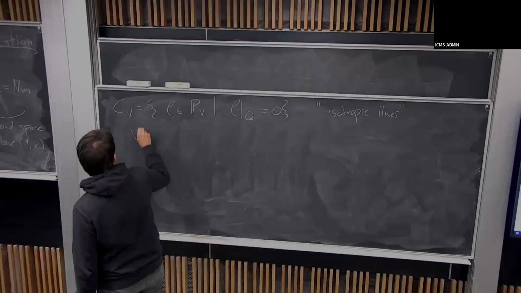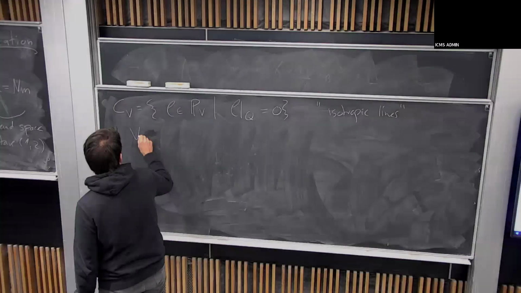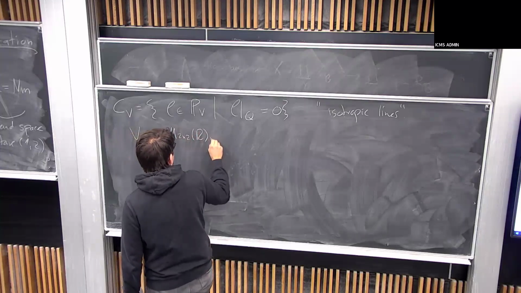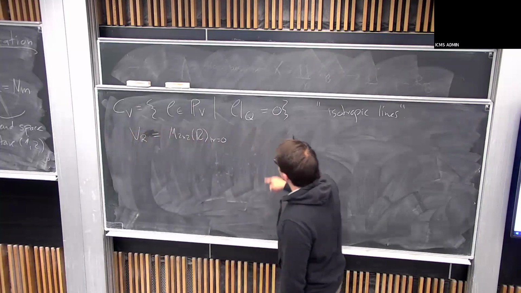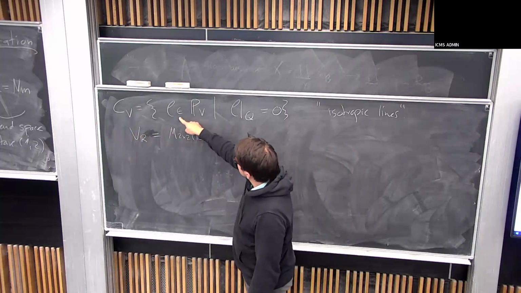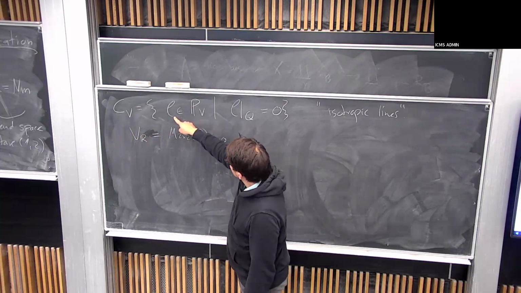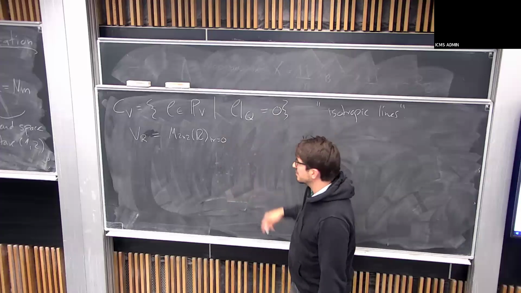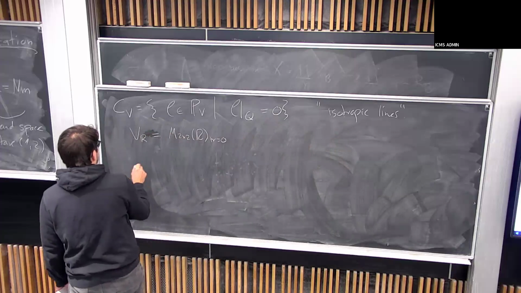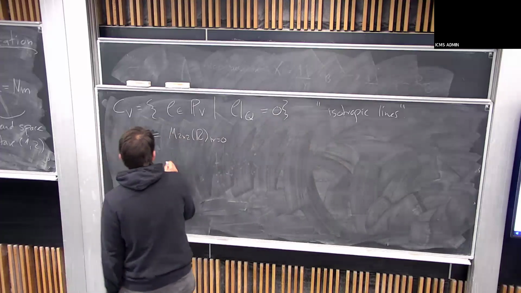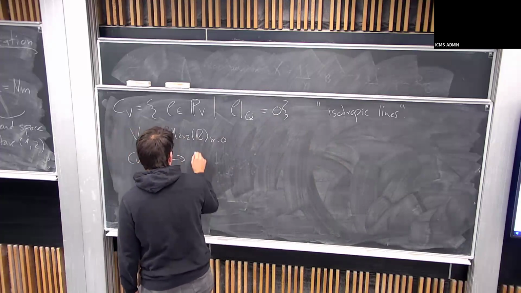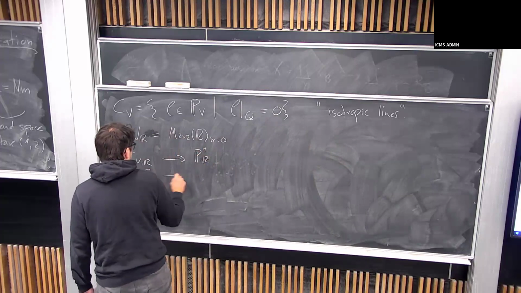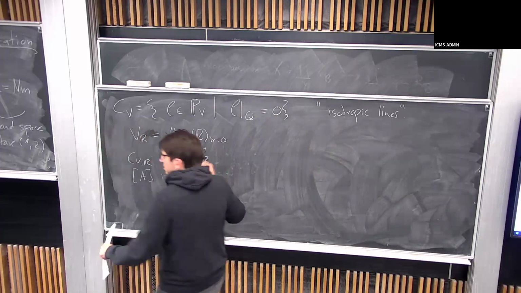So V tensored with R is just the 2x2 matrices over R of trace 0. So this conic C_V is given by matrices of trace 0 and determinant 0, so nilpotent matrices up to scalar. So I really get an isomorphism of C_V(R) with P^1 over R by mapping such a nilpotent matrix to the kernel or the image of the map.